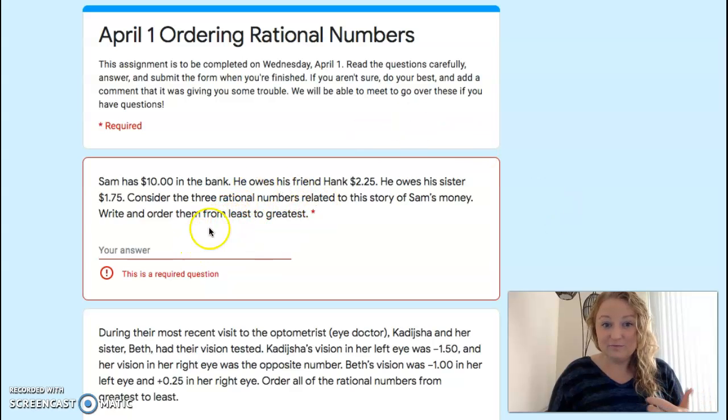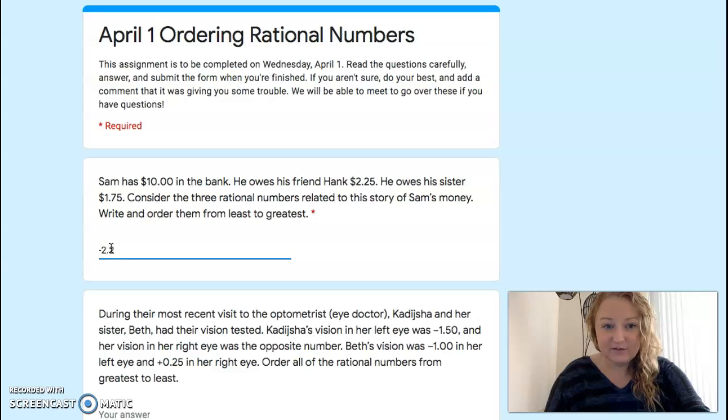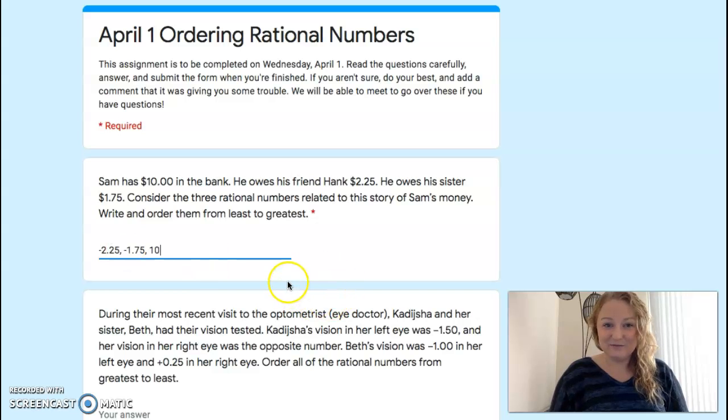So if I have to order them from least to greatest, my least number is my number that's furthest to the left of 0. That's the furthest away. So that would be negative 2.25 because he owes that money. And then a little bit closer to 0 would be negative 1.75. And then 10 is positive, so that would be my greatest. Okay, so there's my solution for number 1.